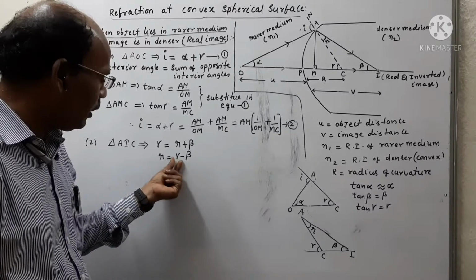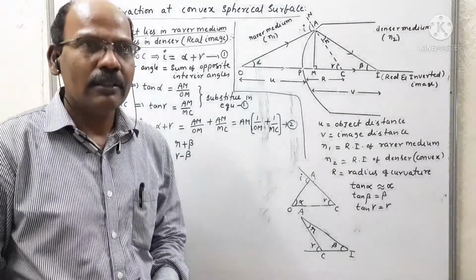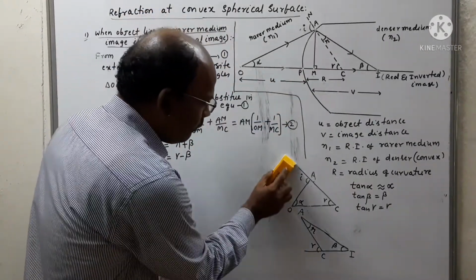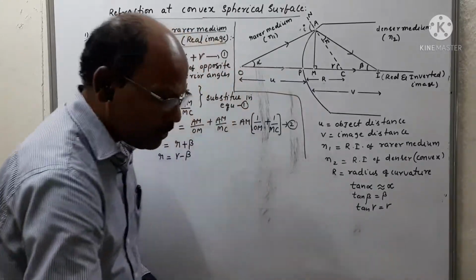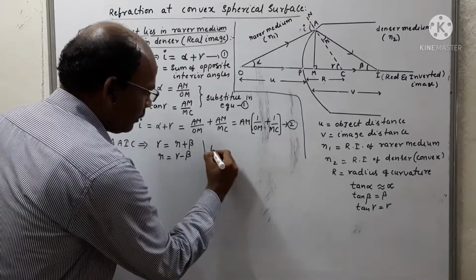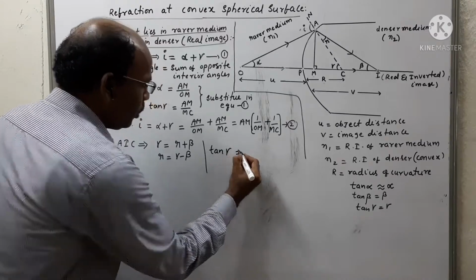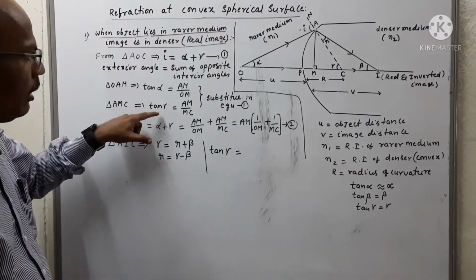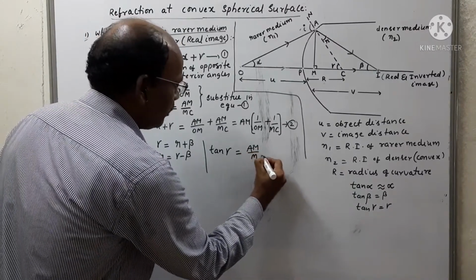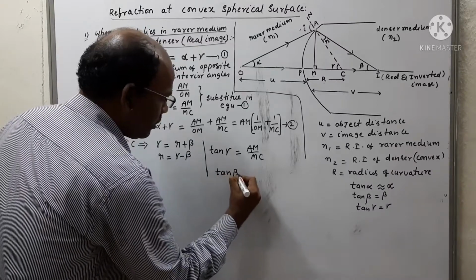Again we can find the value of gamma by using tan gamma, beta by using tan beta from the triangles. So we can find the values of tan gamma and tan beta. So we can write tan gamma is equal to, already we found the value of gamma. Tan gamma is equal to AM by MC. What about tan beta?